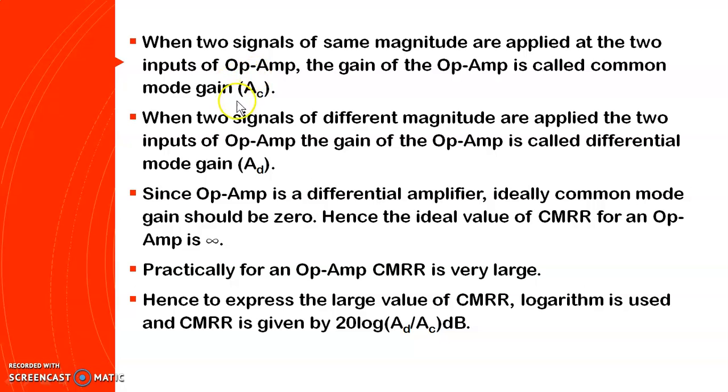We have some small value of AC compared to AD, and hence practically the CMRR of an op-amp is very large, though it is not infinity. And to express these larger values, generally we take the help of log, and we define CMRR as 20 log AD by AC decibels, dB.